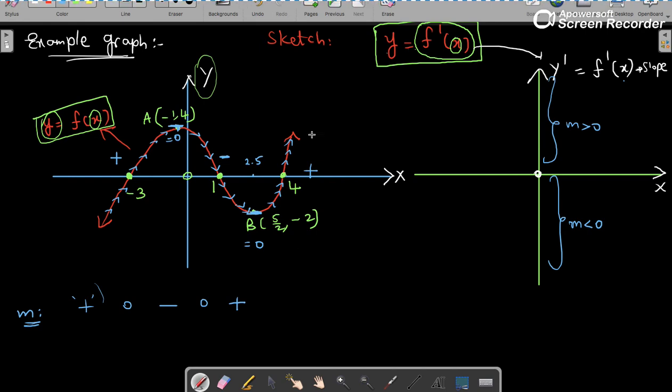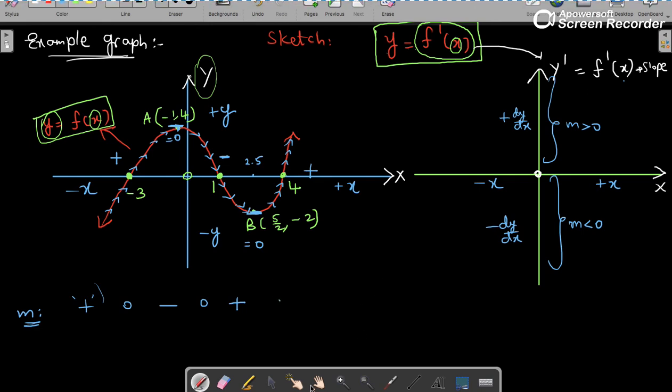It's just like positive and negative x values, positive and negative y values. In the same way, here it is positive and negative dy by dx or f dash. This is the concept through which I'm going to graph y dash is equal to f dash x.